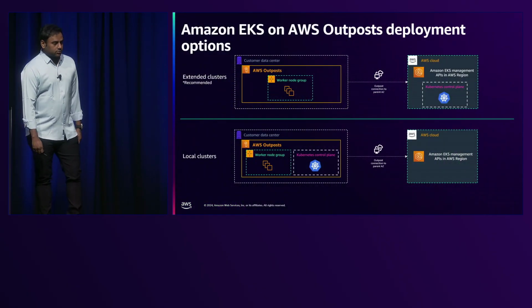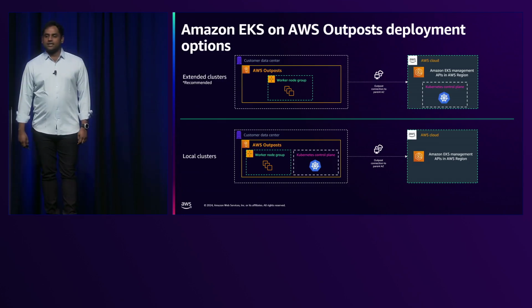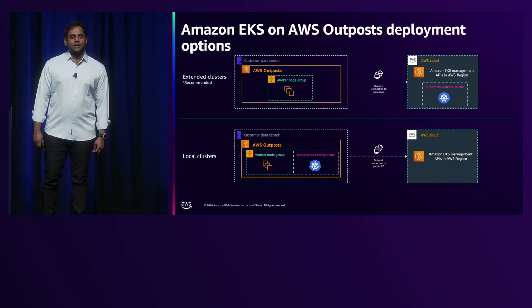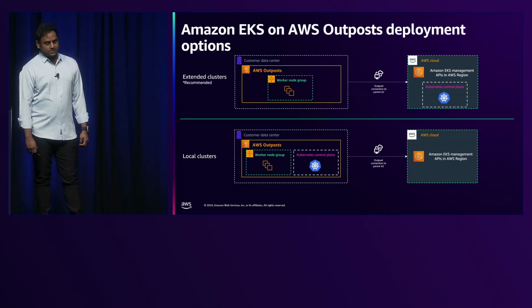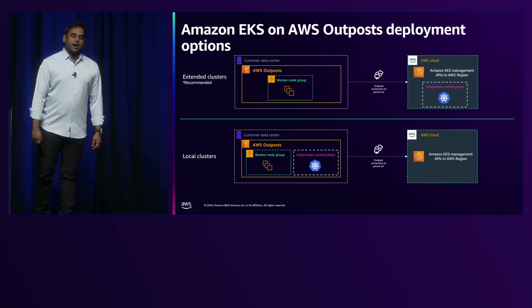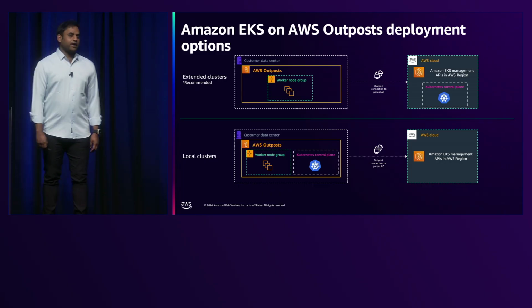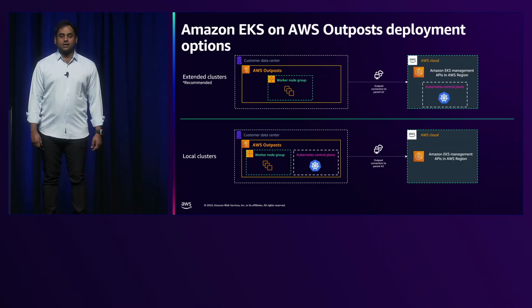When it comes to deploying Amazon EKS clusters on AWS Outposts, we support two deployment options. The first one is the extended clusters, where you start by creating the EKS cloud-based control plane in the same way that you do with the regional-based clusters.